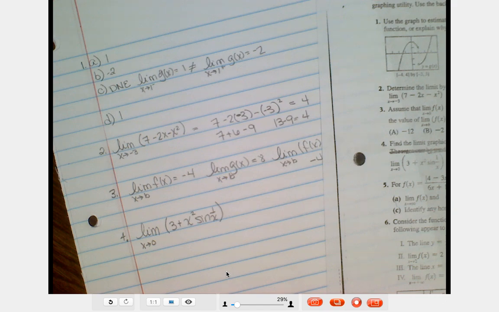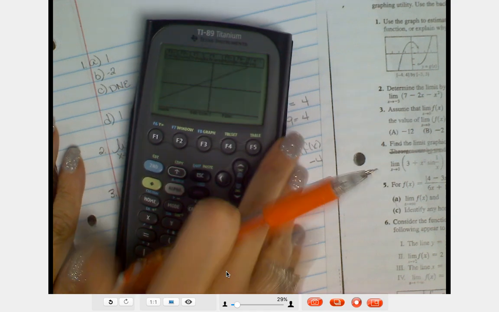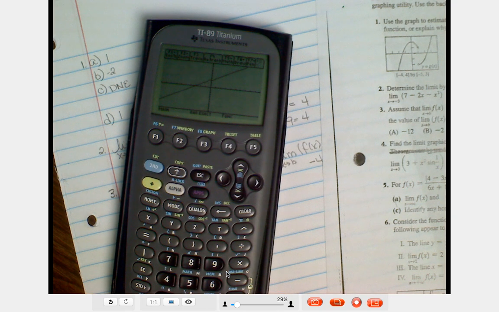It's 3 plus x squared. All right, you should get some graph looking like that.